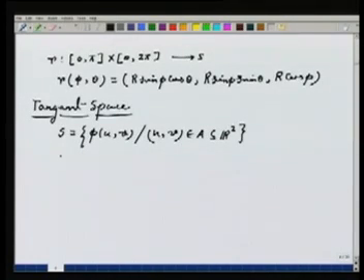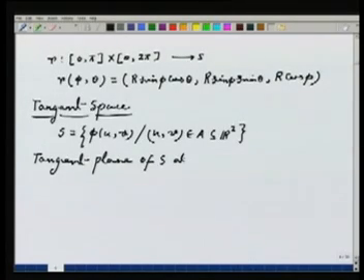Since I am concentrating on surfaces, I want to find the tangent plane of S at a point, let us say u0, v0.